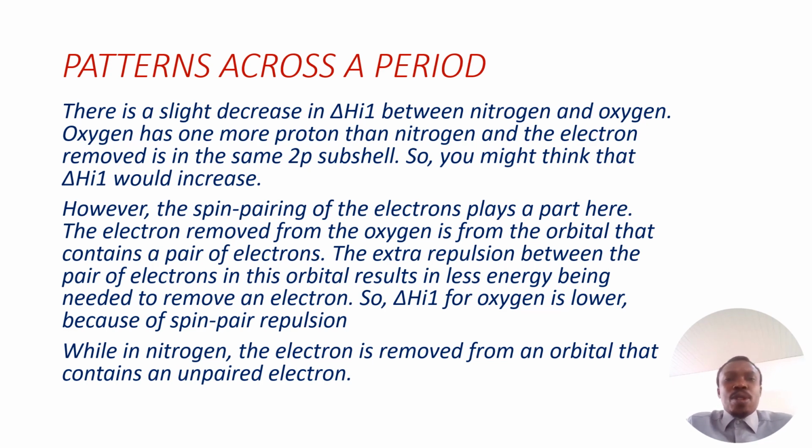Oxygen has one more proton than nitrogen, and the electron removed is in the same 2p subshell. So you might think the first ionization energy will increase, because as the number of protons increases, the positive nuclear charge increases, so the ionization energy is supposed to increase. But that is a deviation from the trend.